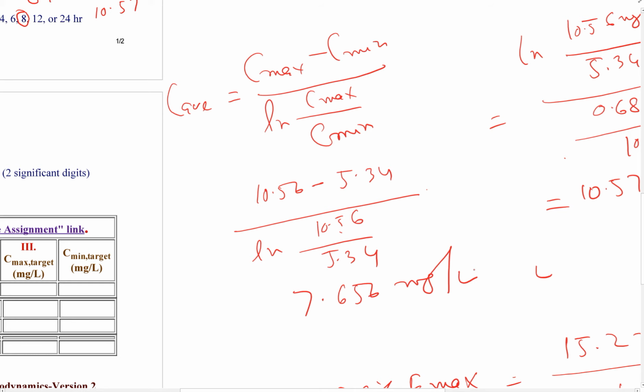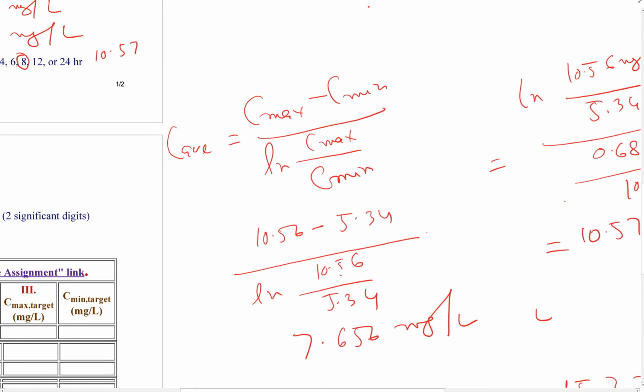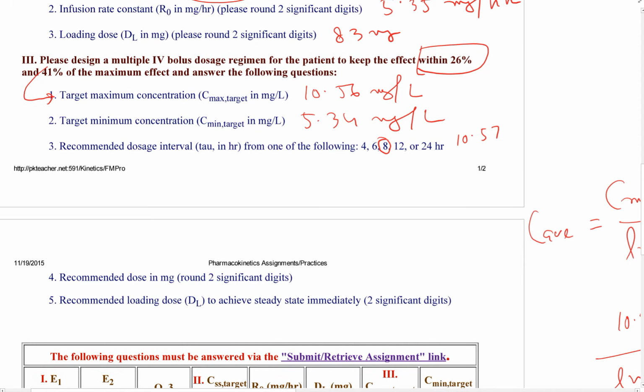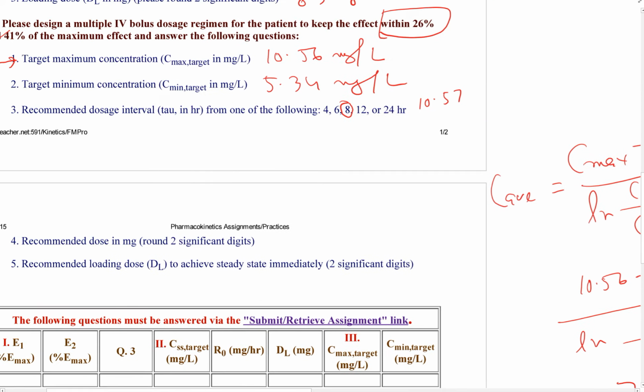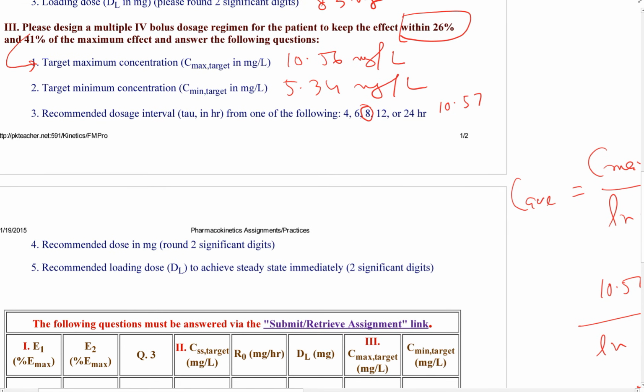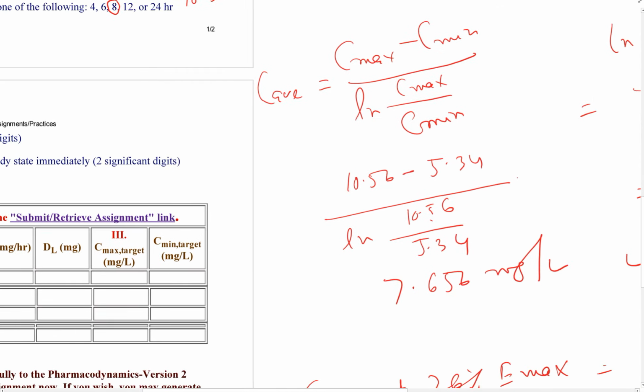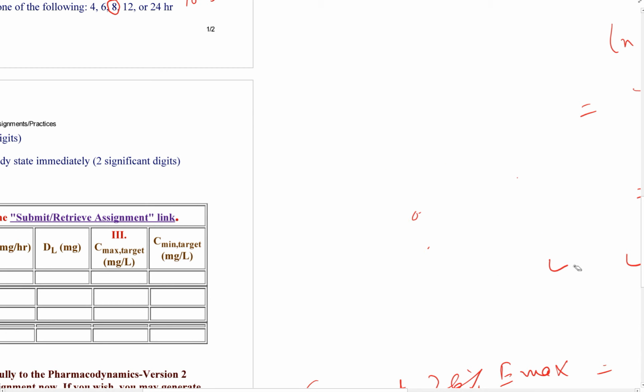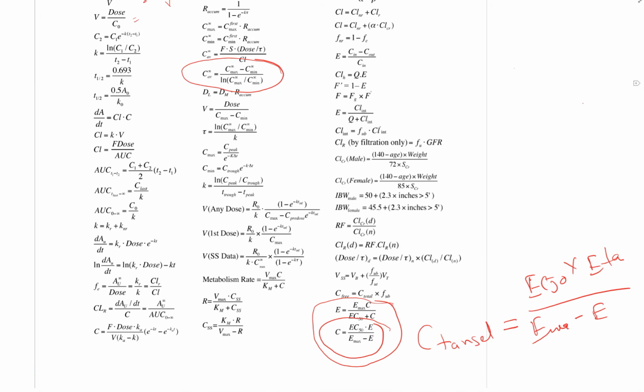To calculate dose, so this is our C average. You see, it is not asking for C average, but to calculate recommended dose, we have to calculate C average. So for dose, we already know the equation. First, let's go back to the dosing rate equation. Here.